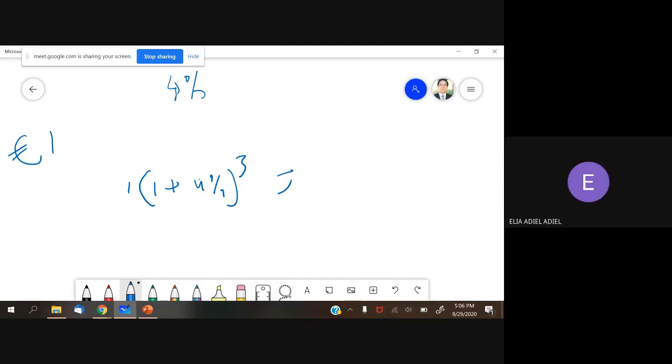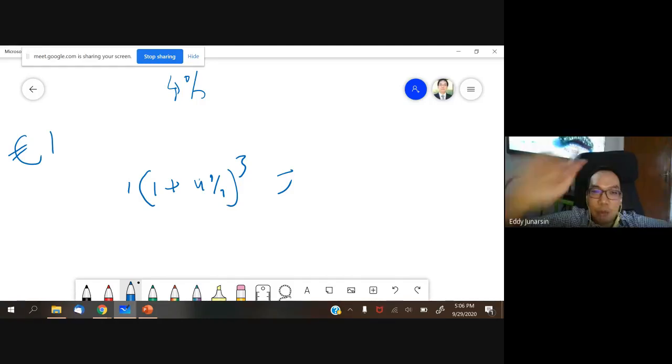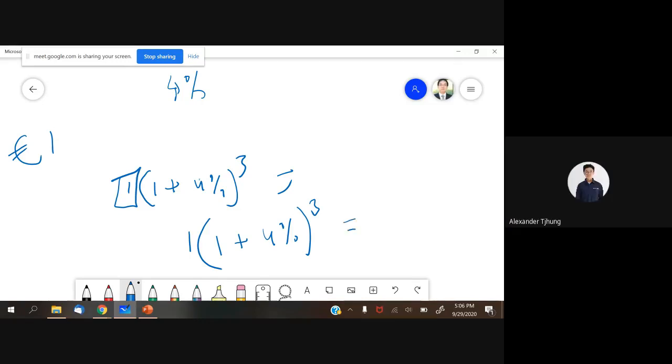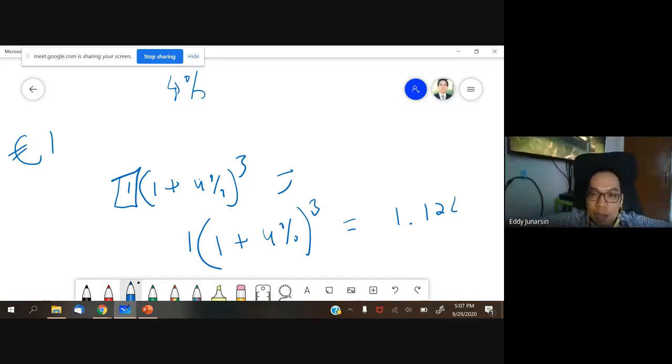I don't think so. It's €1, 1 multiplied by 1 plus 4% to the power of 3. 1.124864. Yeah, this looks more logical.